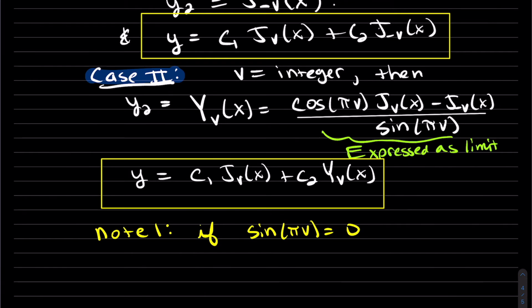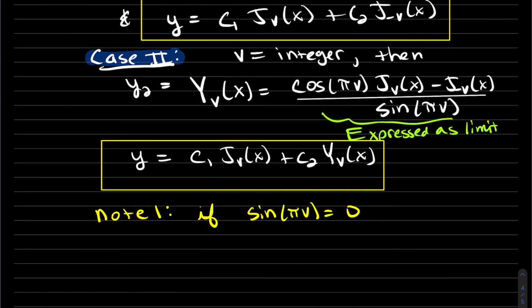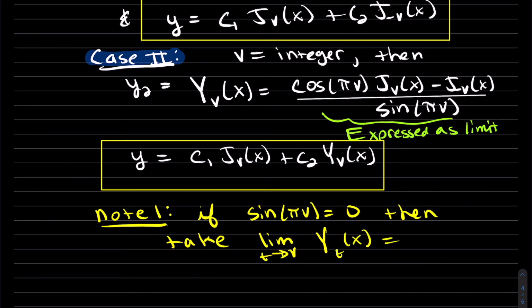If the denominator for that y function is 0, then we take the limit as t approaches v of y of t of x, which is y v of x.